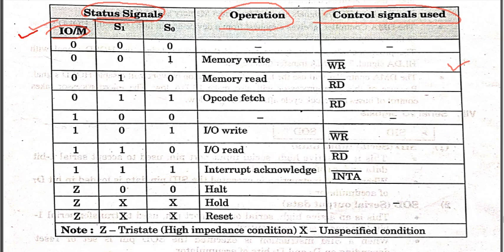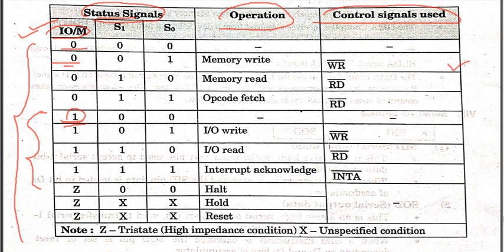So the IO/M bar is the first column, that is the signal. We already know that the IO/M bar will be 0 or it can be simply 1. Whenever it is 0, it will do the memory related operation in the microprocessor 8085, and whenever this IO/M bar pin signal is 1, that is active high, at that time input output device operations will be done.